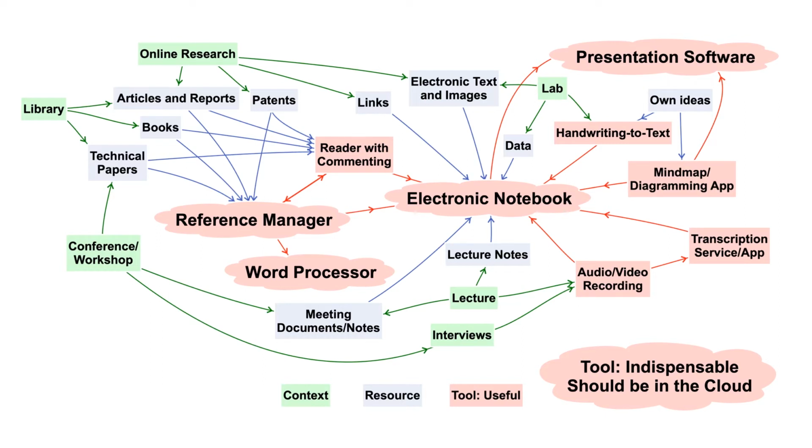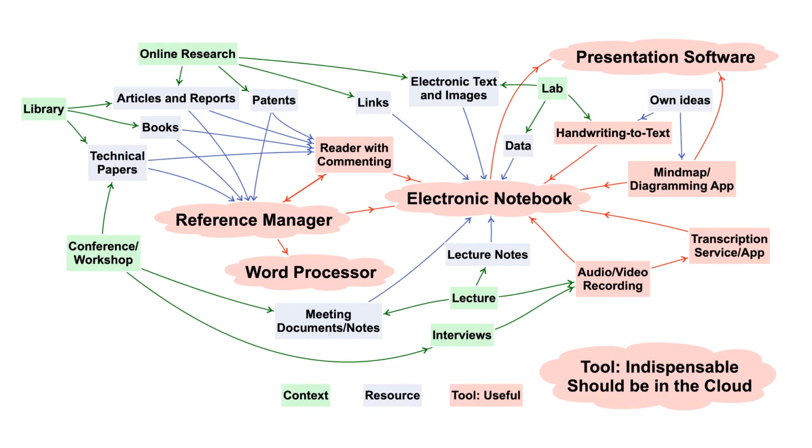In this diagram, you can see, in green boxes, lots of different contexts where information is likely to be generated, from the library to lectures to labs. The gray boxes show lots of different kinds of data, everything from your own ideas to books, papers, interviews, and links. The red elements show different types of functionality you may need in your software.